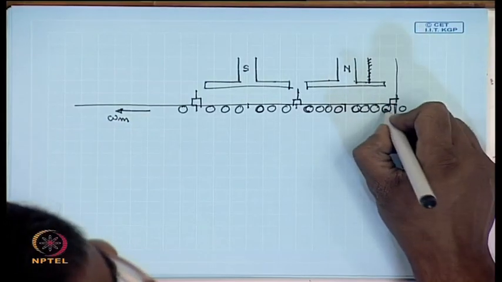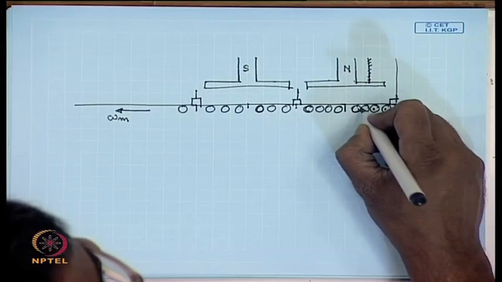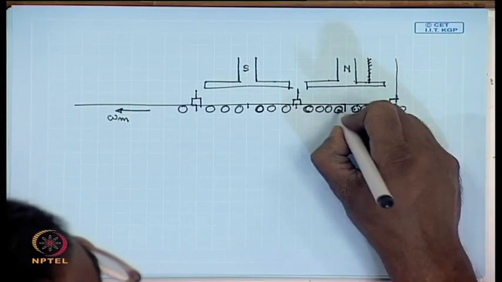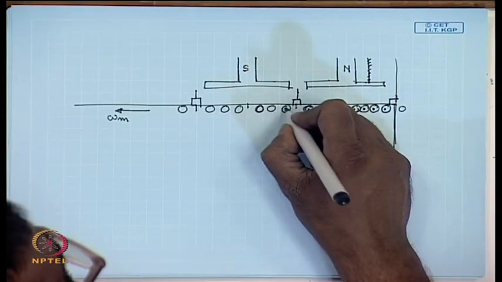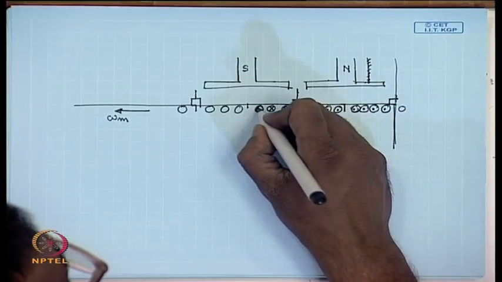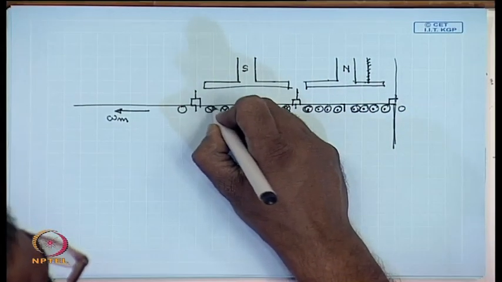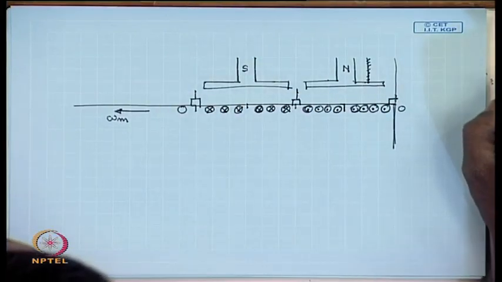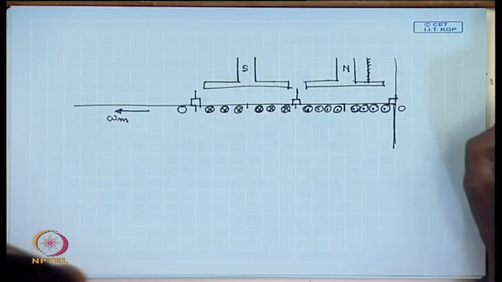Therefore, this will be a dot, whereas this will be a cross.